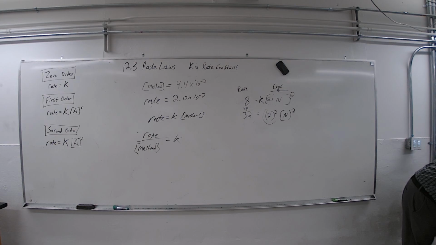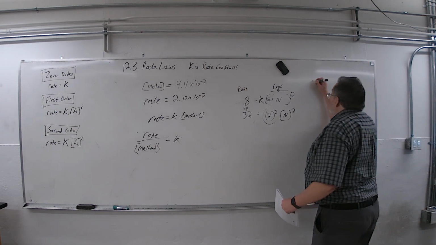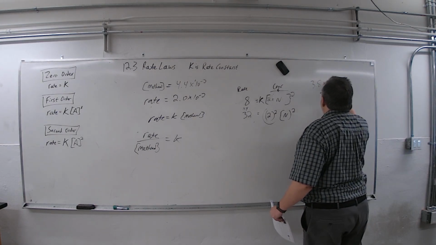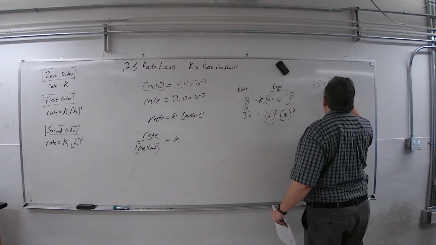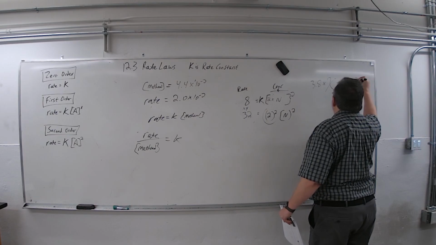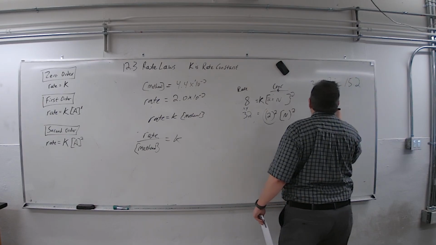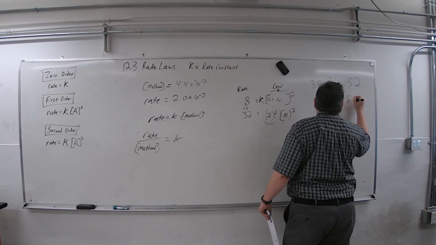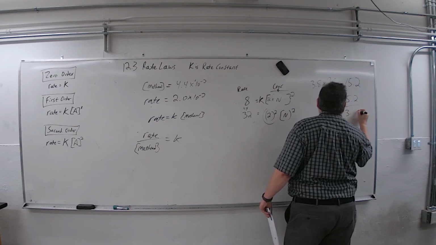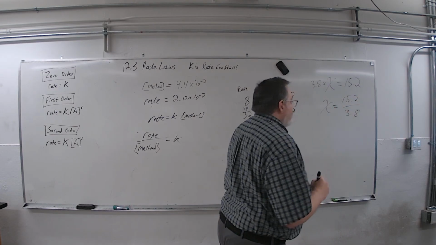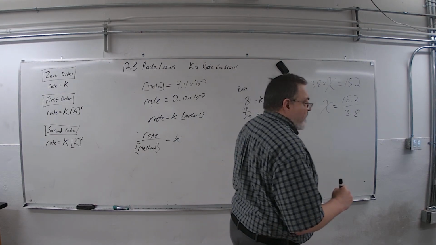What's this one? 3.8 goes to 15.2. What's 15.2 divided by 3.8?